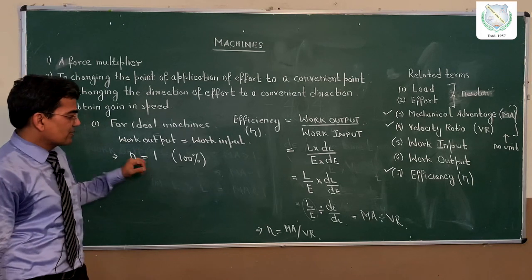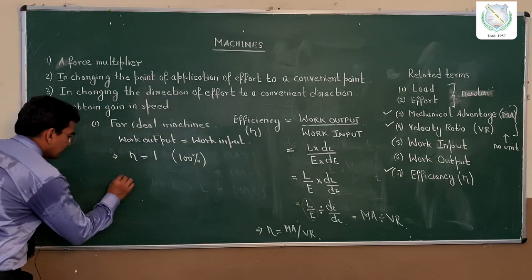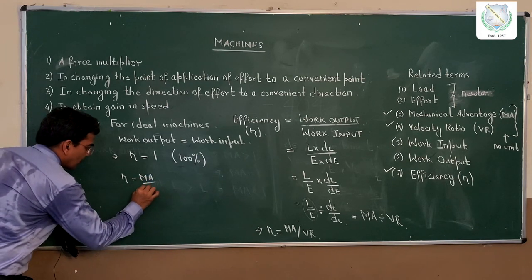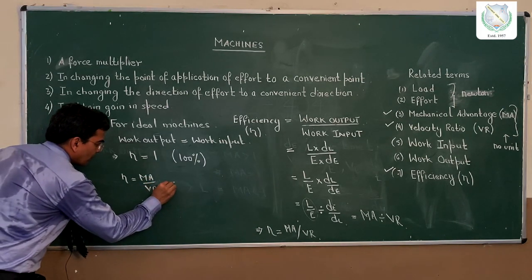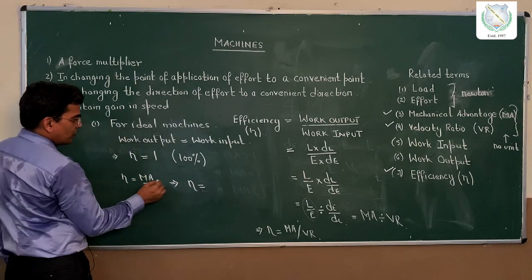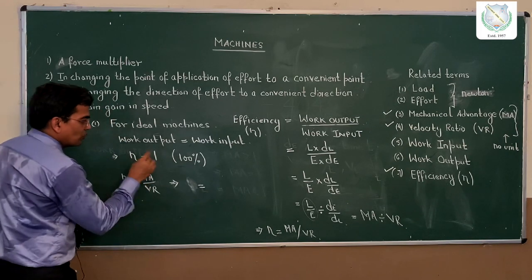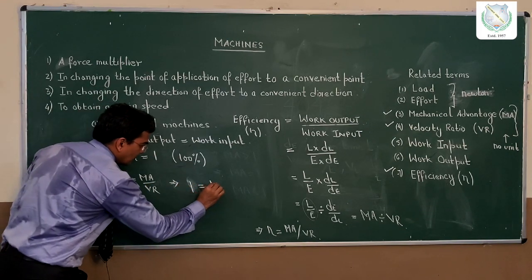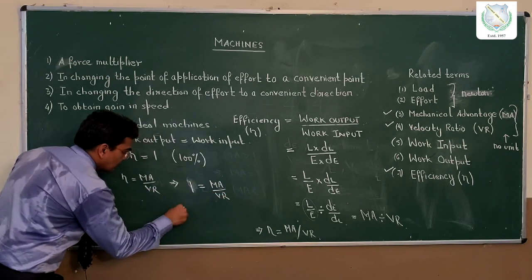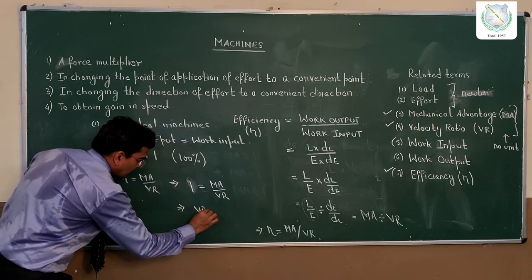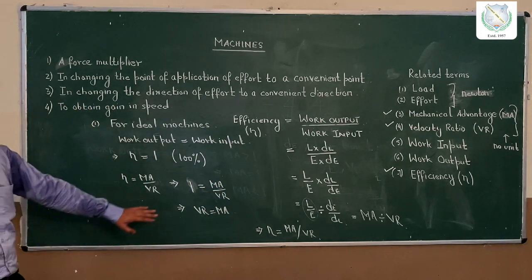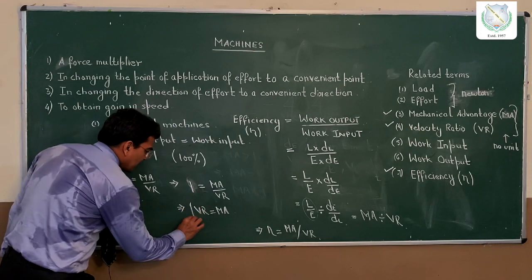Now using this result, MA upon VR, here efficiency is 1, so we are getting MA is equal to VR. You have to remember this point.